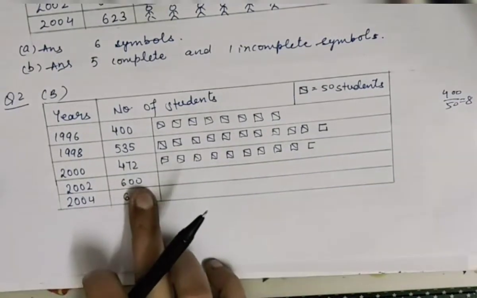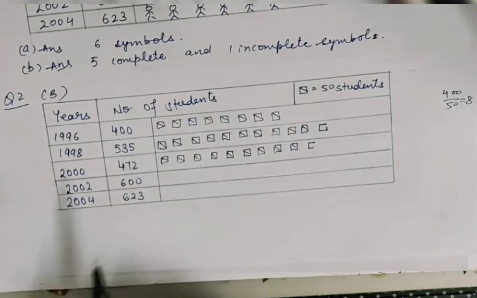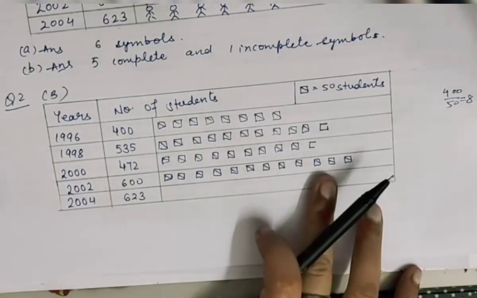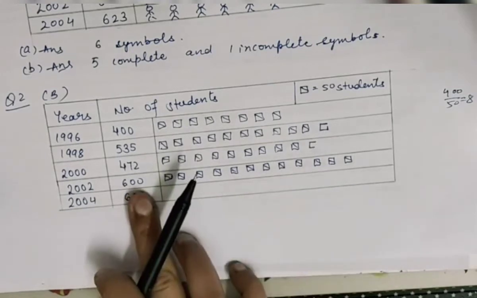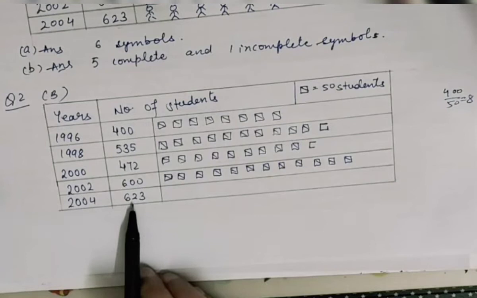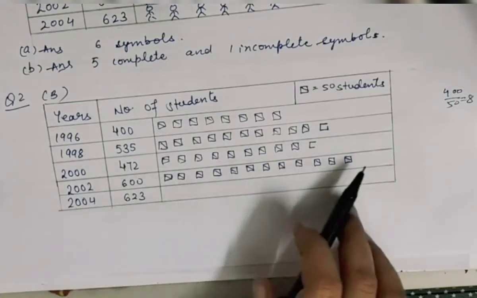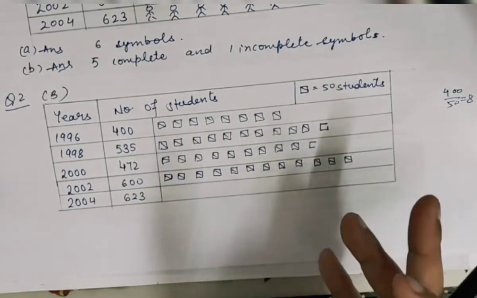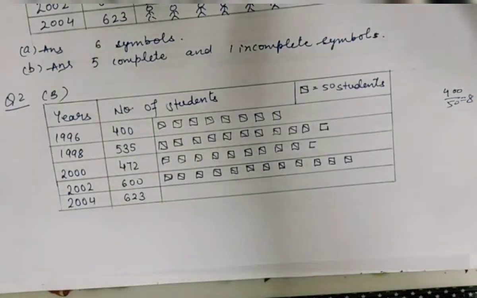Now 600. For 600 it is easy for us, we can exactly draw 12 symbols. So now you can see I have drawn the 12 symbols which represent 600 students. Now in 2004 it is 623. So for 600 again we can draw the 12 symbols, and for 23 we can draw a little less than half of this symbol.